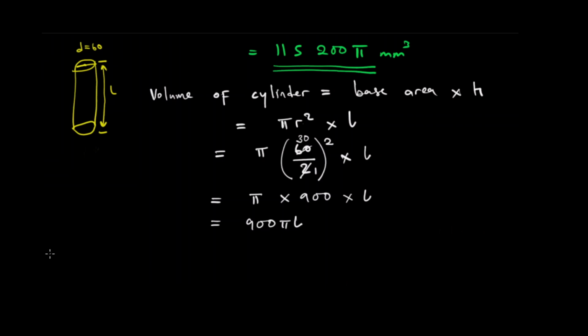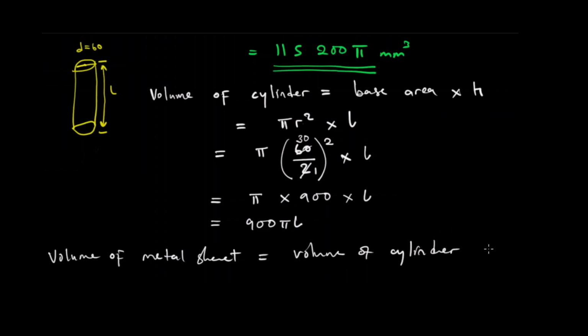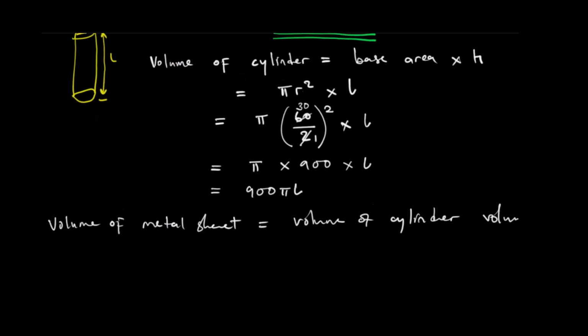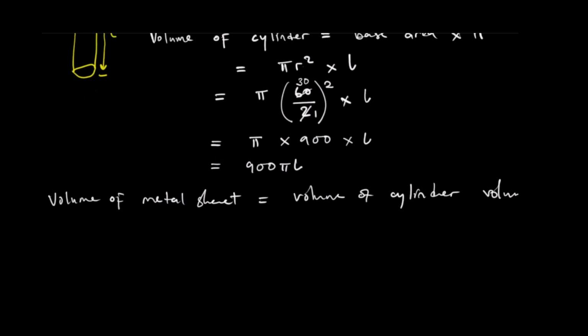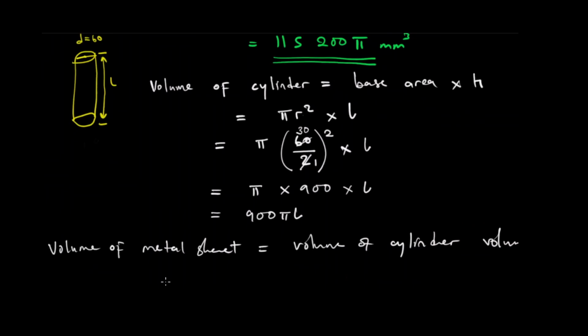We write this statement that the volume of the metal sheet is equal to the volume of the cylinder bar, because they are made from the same material. We melt one and make the other. So the volume of the metal sheet that we calculated above is 115200 pi.